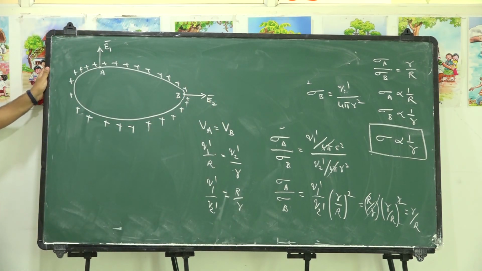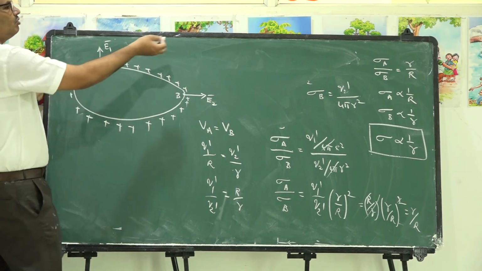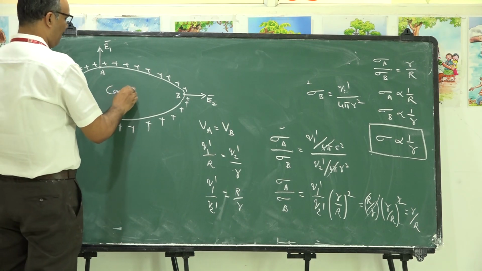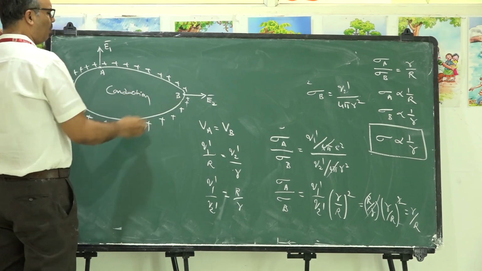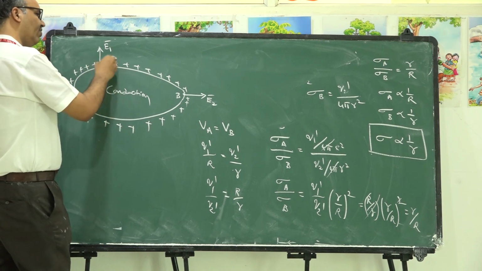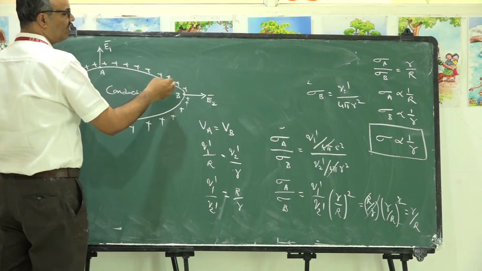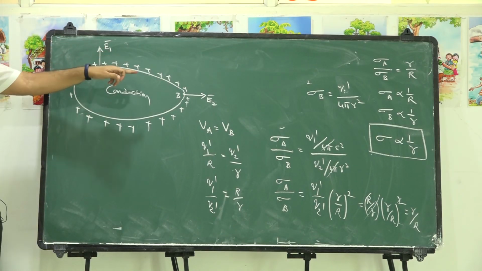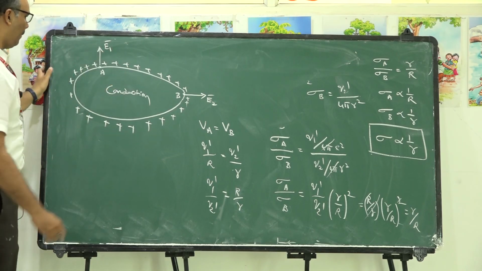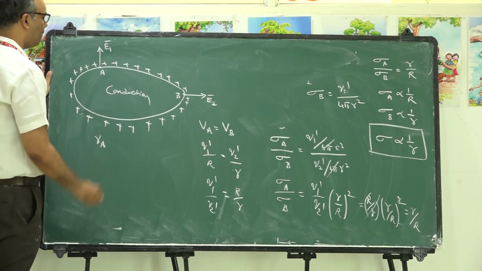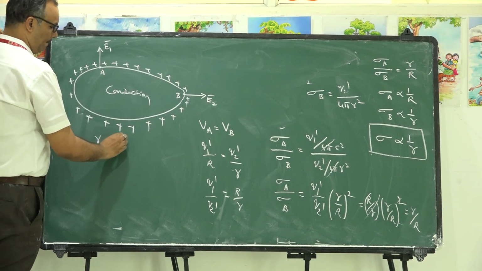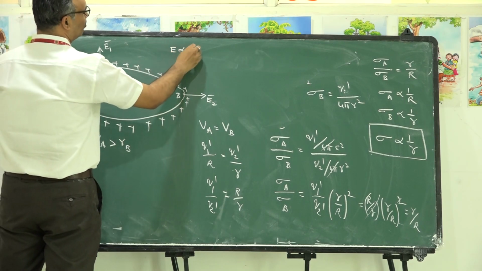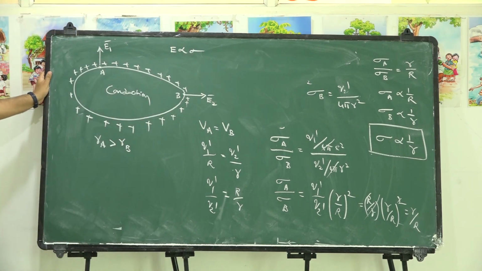Electric field is sigma by epsilon naught, so it is proportional to surface charge density, and it's a conductor. What is the difference between point A and B? At point A, the radius of curvature is more. At point B, the radius of curvature is less. That means the radius of curvature at A is greater than at B. E is proportional to sigma, we know that E is equal to sigma by epsilon naught.